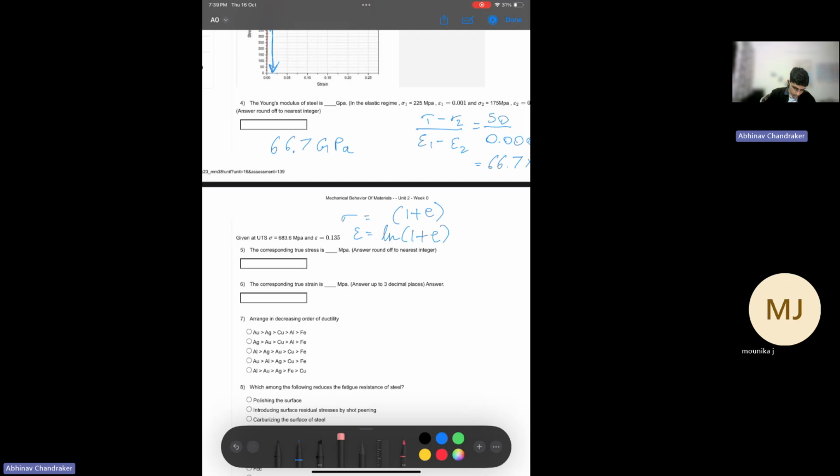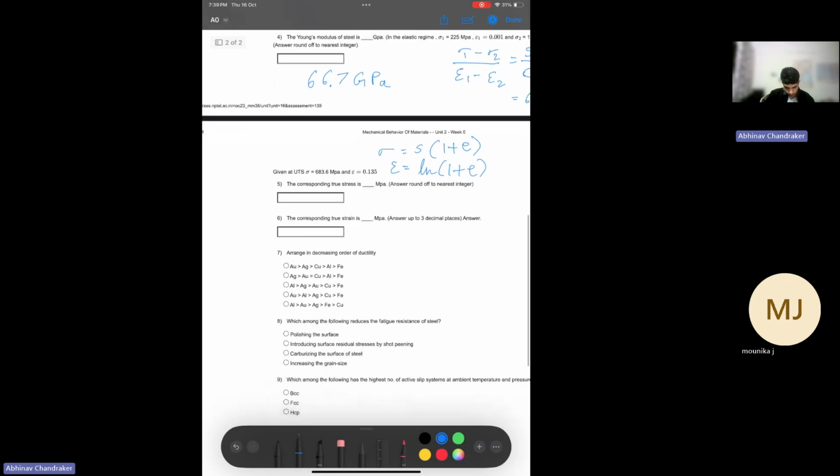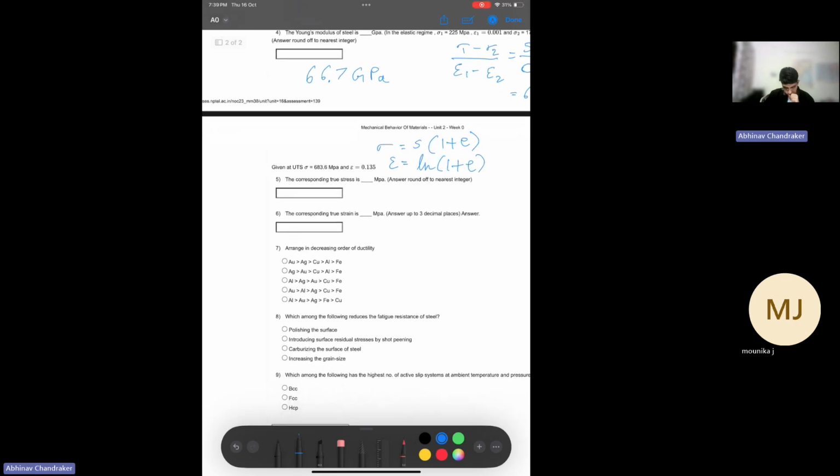This was the other way around. Is this correct? I'm just mentally trying to recalculate and see.